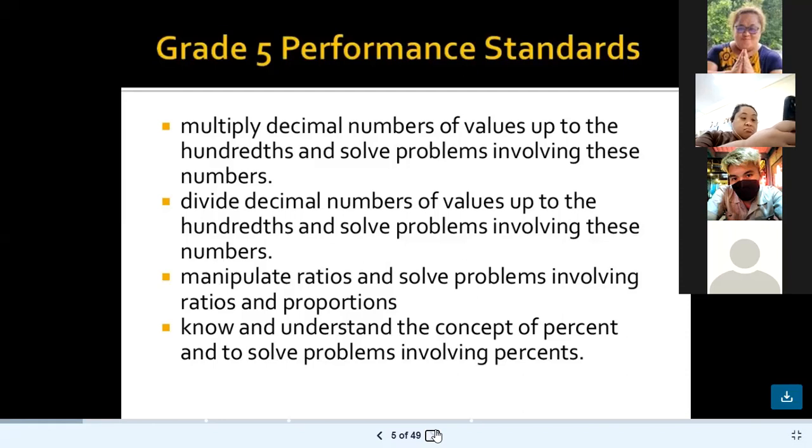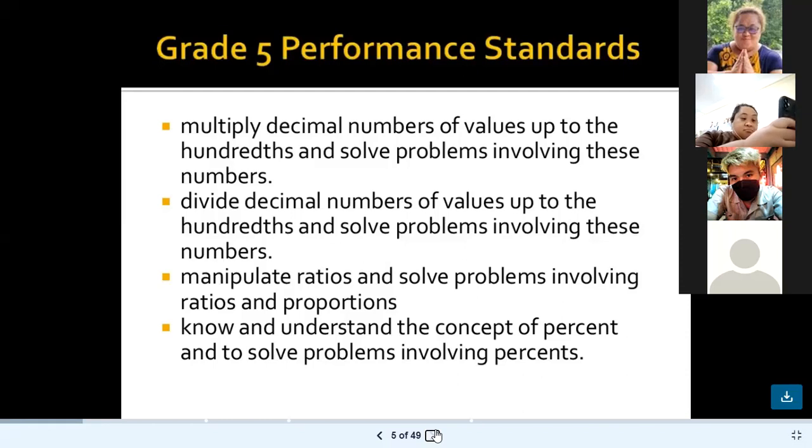Okay, divide the decimal number of the value up to the 100,000 involving this number. So if we divide na naman, so makita natin ang value. Okay, so if we divide, syempre mag-decrease ang value niya. Okay, so makita natin dito ang answer.